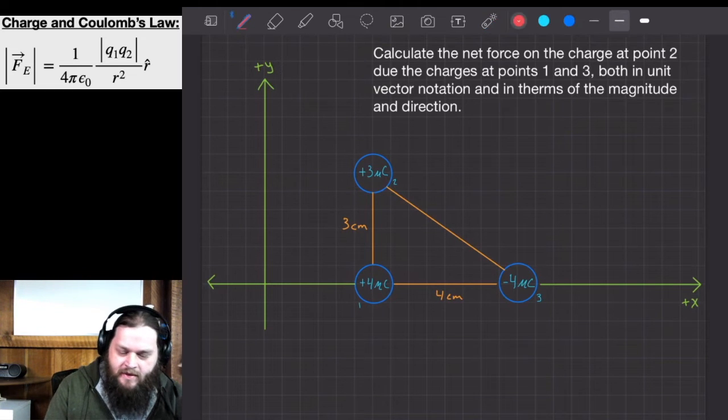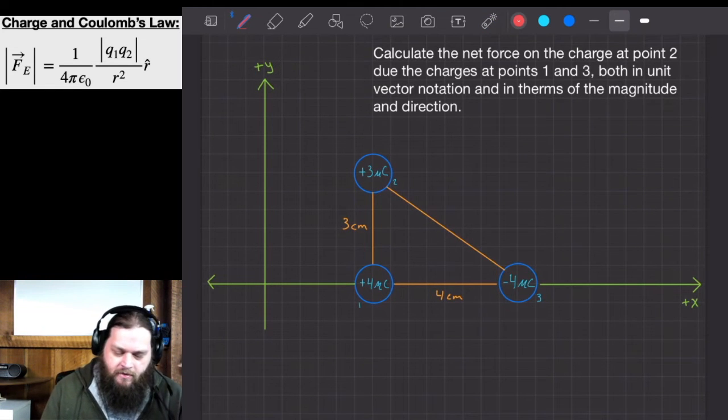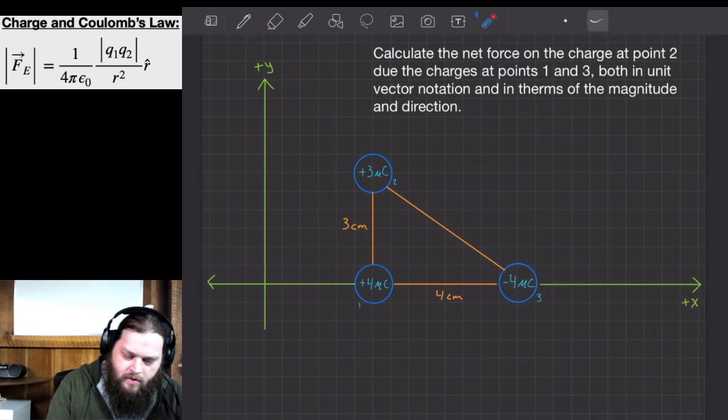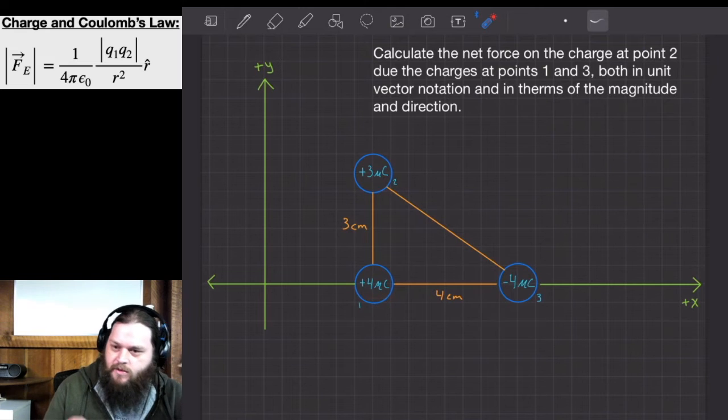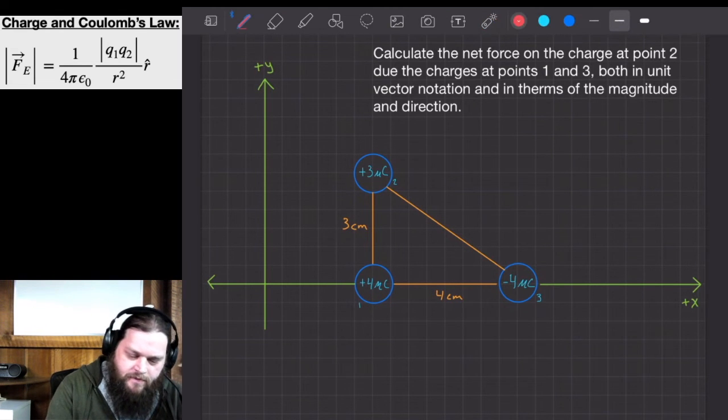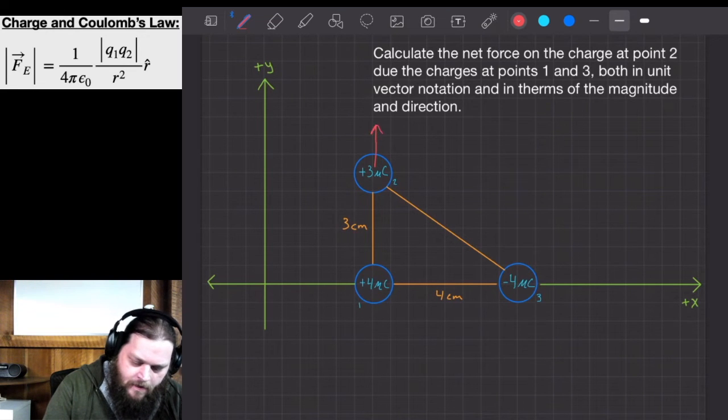So the same idea, I'm starting with a free body diagram. We know that we have a positive charge there and a positive charge here, so we're going to get repulsion with those two. So this force here is going to be going upwards, and that's going to be the force from 1 to 2.